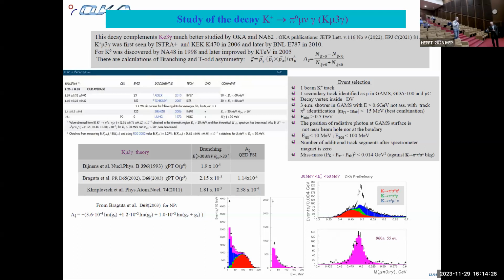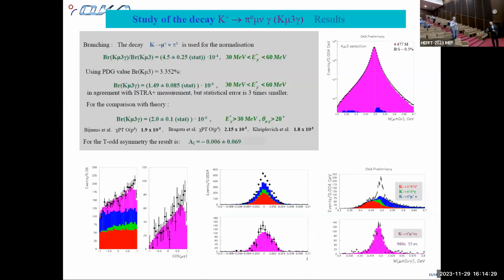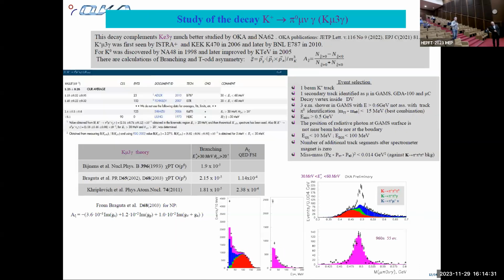I mentioned that in our Monte Carlo we have implemented these chiral perturbation theory results at p to the fourth.